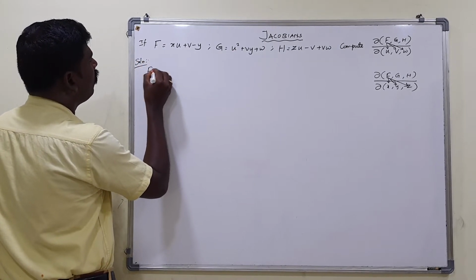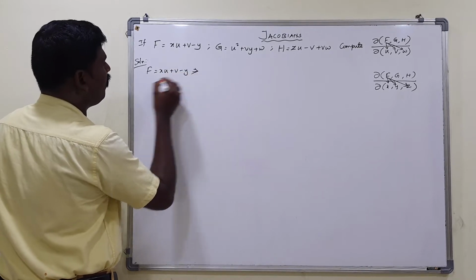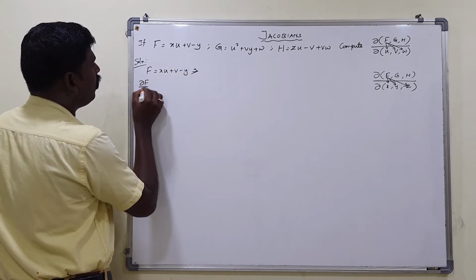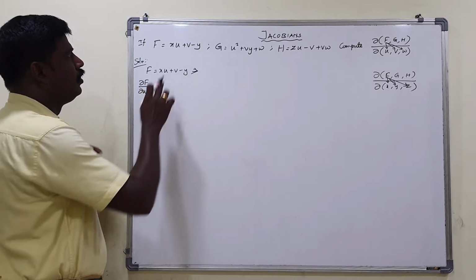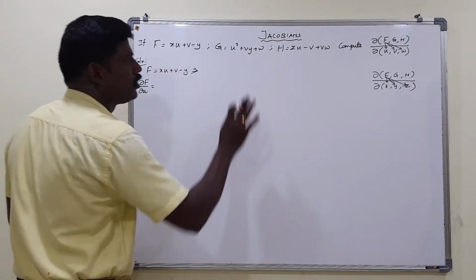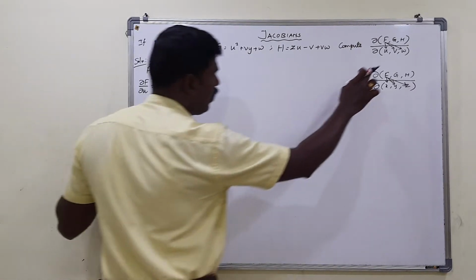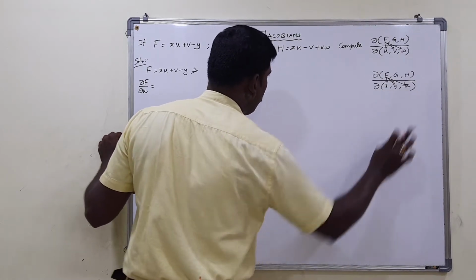What is F? F is equal to XU plus V minus Y. From that we can find dou F by dou U. Carefully understand, here UVW are also here, XYZ also here. So don't confuse it. Here we differentiate partially with respect to UVW alone, not by XYZ.